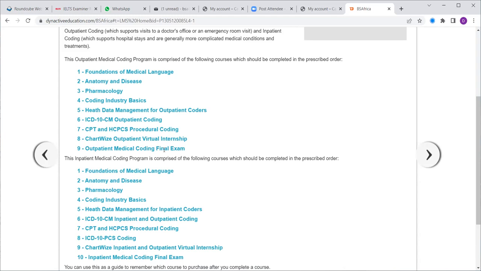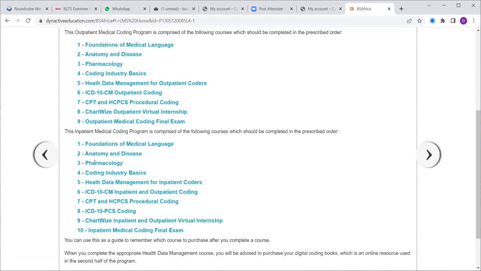If you do the inpatient medical coding program, you do the first 4 courses, same: foundations of medical language, anatomy and disease, pharmacology, coding industry basics. Then health data management for inpatient coders, ICD-10, inpatient and outpatient coding.